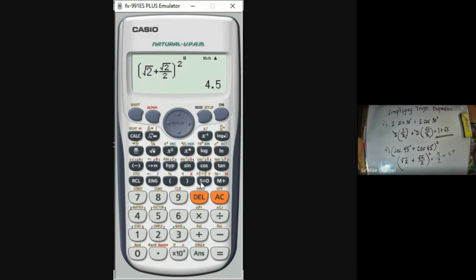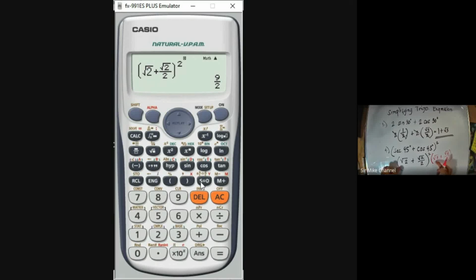Gawin natin yung long method. Tandaan natin ito, 4.5 and 9 over 2. Using long method, multiply natin yan: square root of 2 plus square root of 2 over 2. Yan, FOIL method.